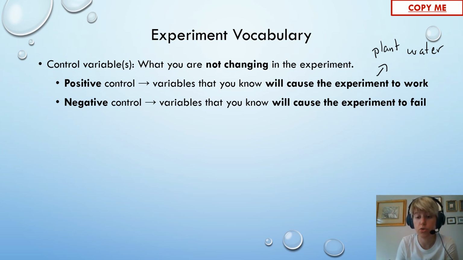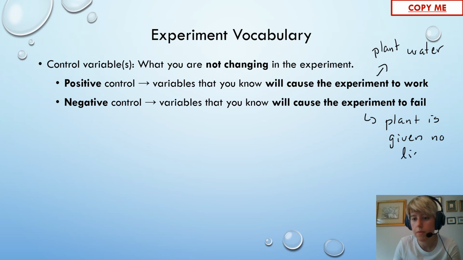A negative control is the opposite. It's variables that you know are going to cause the experiment to fail. So if we're talking about the plant, if I have a trial where the plant is given no liquids, well, that would be a negative control.